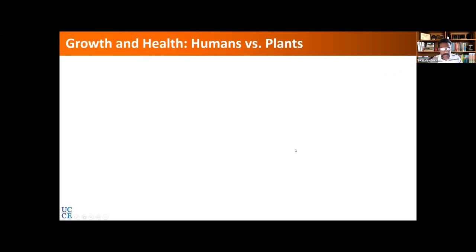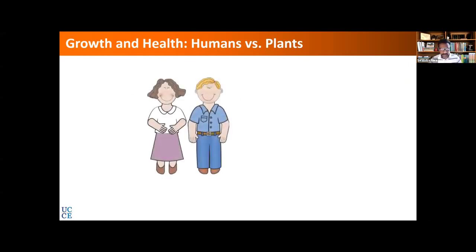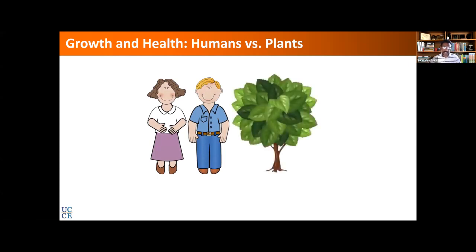First, I want to compare the growth and health of humans with plants to give you a general idea of what is important for us to be healthy, and the same way what is important for the plants to be healthy. The genetics play a critical role. In humans, we cannot choose certain traits like we do in plants. Although when we select our companions, we might be using some of those, like phenotypic looks and intelligence.